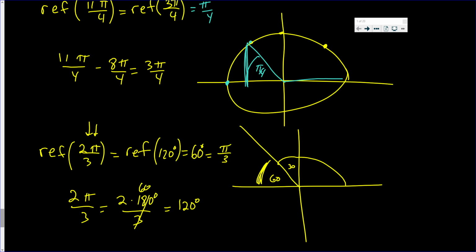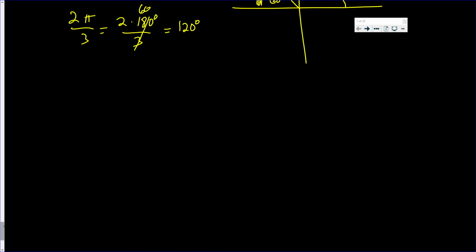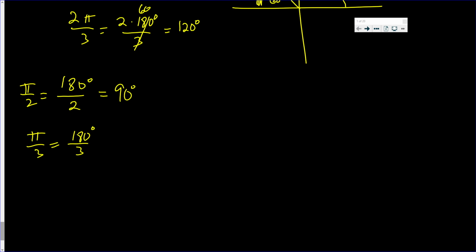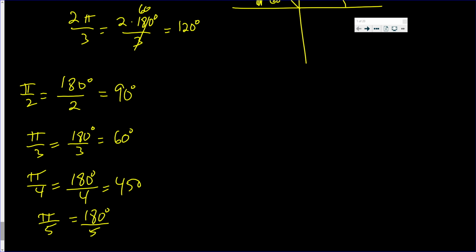Okay. Now, you should know how to divide 180 by various numbers. 180 over 2, that is pi over 2, that's 90 degrees. Pi over 3, that is 180 divided by 3, that's 60 degrees. Pi over 4, that is 180 divided by 4, this is 45 degrees. This one isn't very common, but 180 divided by 5 is 36 degrees. 180 divided by 6 is 30 degrees.